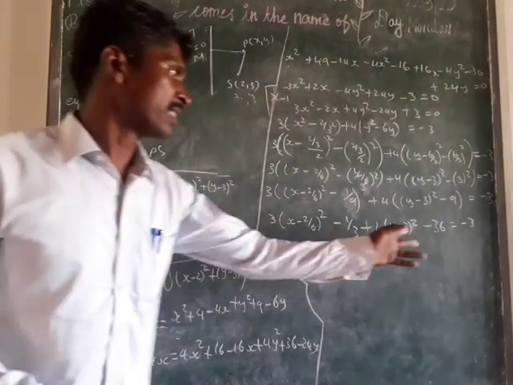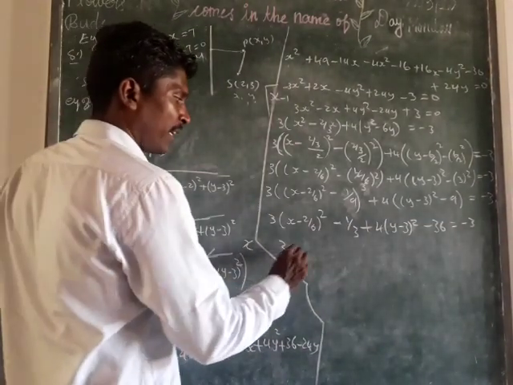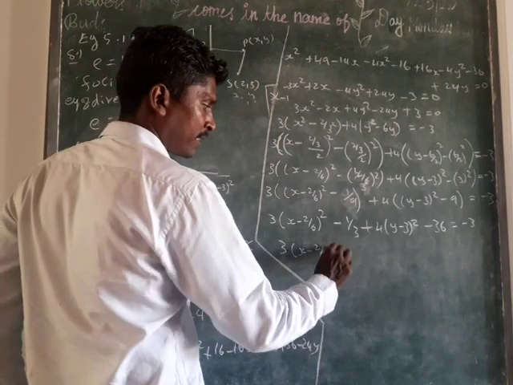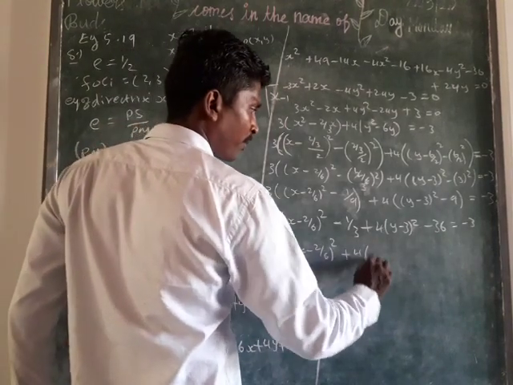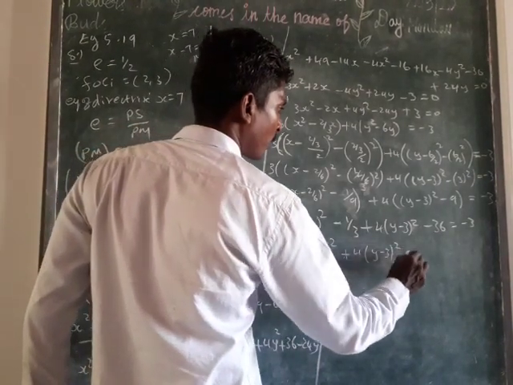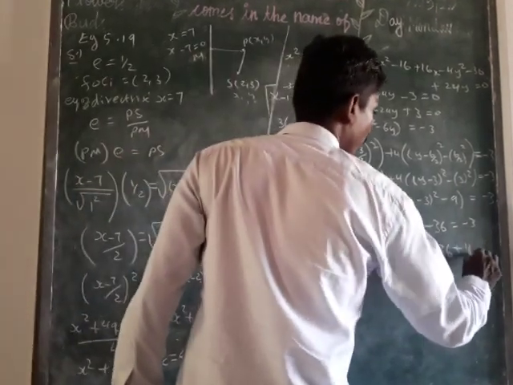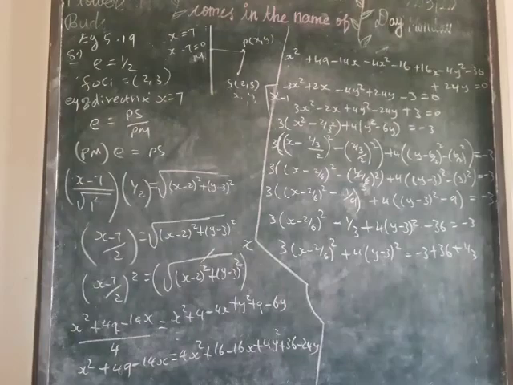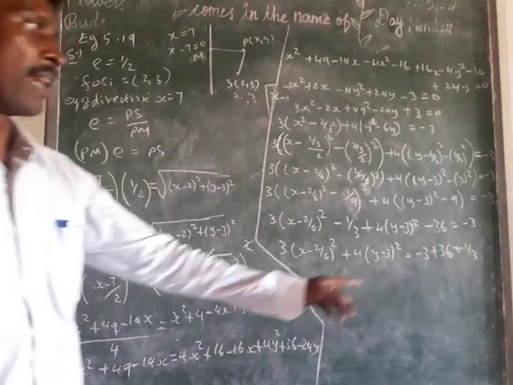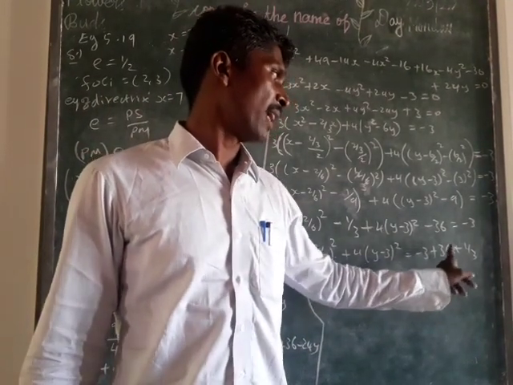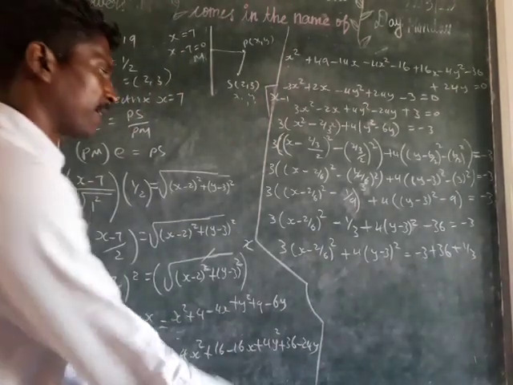So bring the constant down: 3 into x minus 2 by 6 the whole square plus 4 into y minus 3 the whole square equal to minus 3 plus 36 plus 1 by 3. So if you add, 33 will come; cross multiply, 99 plus 1, 100 by 3 will come.